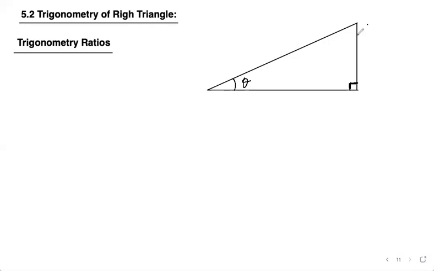This side of this angle is called the opposite side. And this side for this angle is called adjacent. And this side is called the hypotenuse.